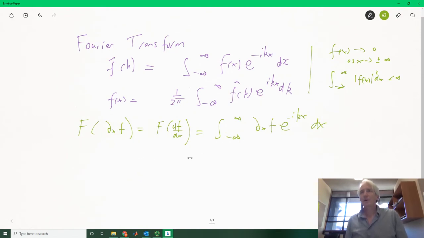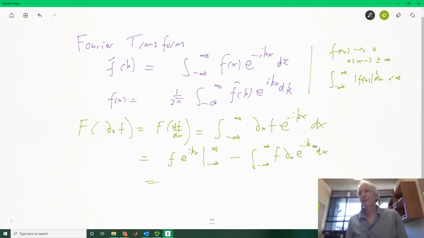All right. So this is the most important property of the Fourier transform. We integrate by parts. So we get f e to the minus i k x evaluated between minus infinity and infinity, minus the integral from minus infinity to infinity of f times the derivative of e to the minus i k x. The boundary term evaluates to 0 because the function vanishes.